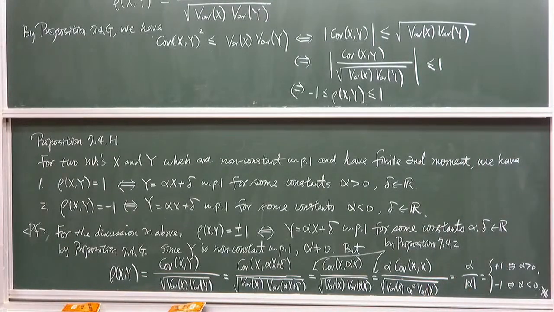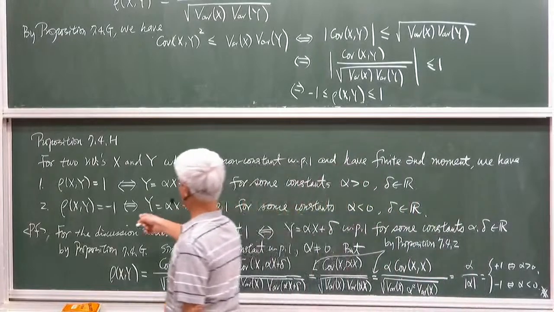So if alpha is positive, the correlation coefficient is +1; if alpha is negative, the correlation coefficient is -1. This is exactly what we have here.